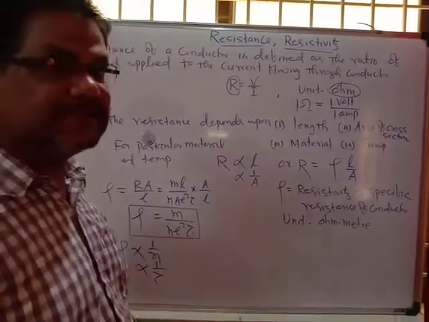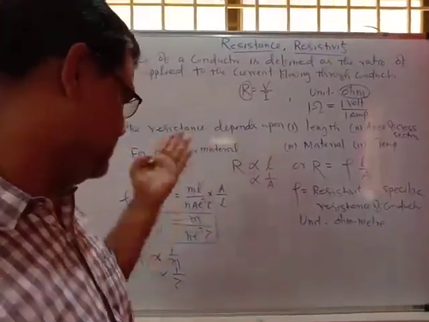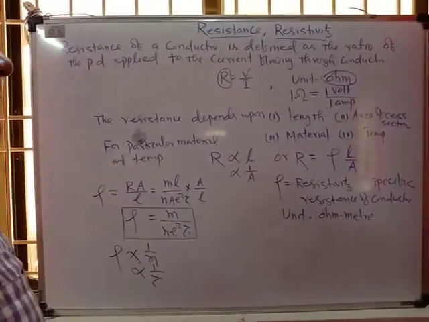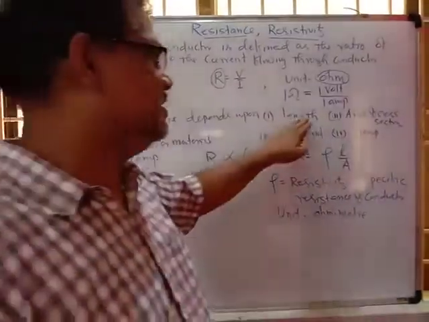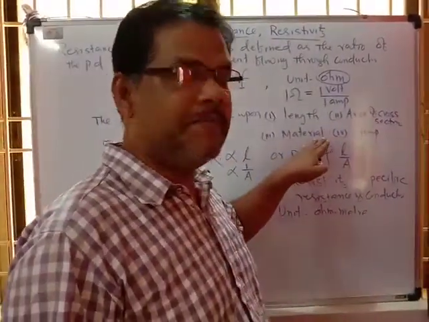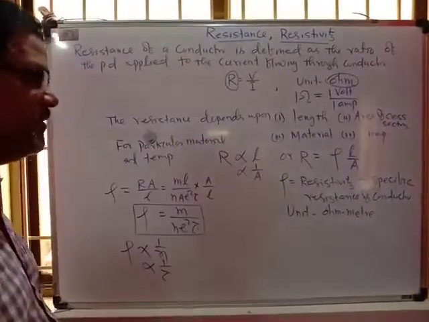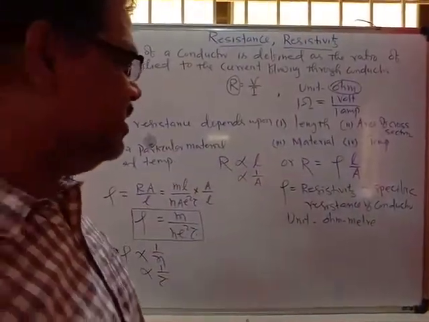From the derivation, you must already know that resistance depends upon the length, the area of cross section, the material and the temperature. For different materials resistance will be different.